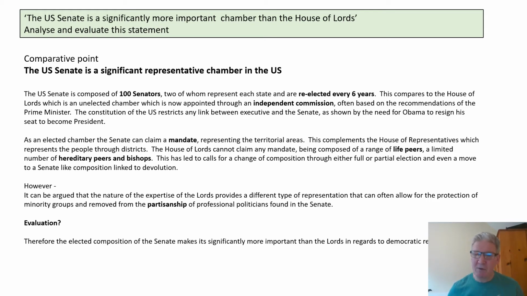However, it can be argued, and this is the crucial complexity point, that there is a level of expertise that the Lords provides, which is a different representation to that we would find in the United States. And the fact that they're not necessarily professional politicians, certainly crossbenchers, means there isn't the same level of partisanship. However, your evaluation would have to say that yes, the US Senate is a significantly more representative chamber due to its democratic mandate.